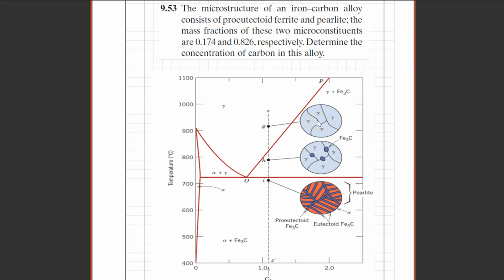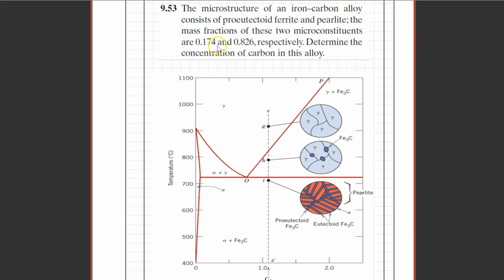So we've got pro-eutectoid ferrite, so we know it's a hypo-eutectoid composition, and pearlite. The mass fractions of these two microconstituents are 0.174 and 0.826 respectively. So we add up these two numbers, they make 1. That's good. Determine the concentration of carbon in this alloy.